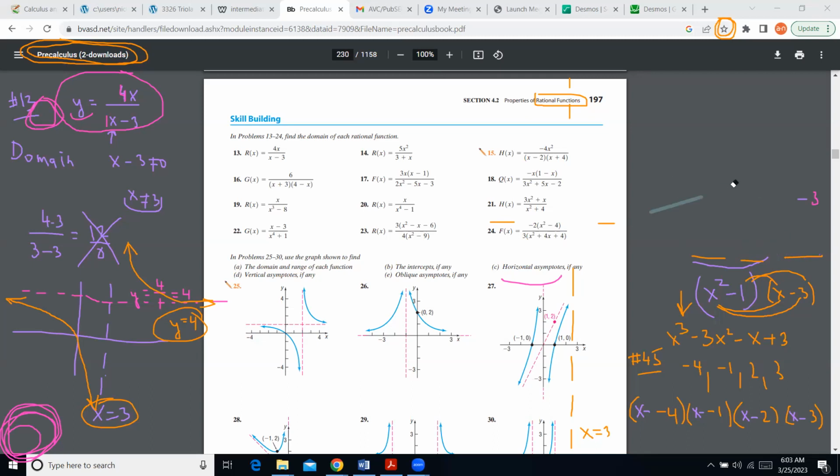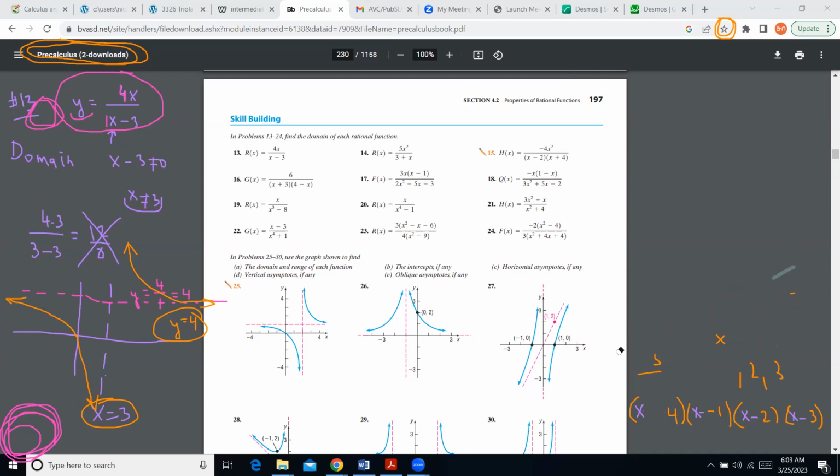I just want to clean a little bit of this mess. So exercise number 19, as you can see, has denominator x to the power of 3 minus 8, right? So let me write this down here. So that denominator is never equal to 0.